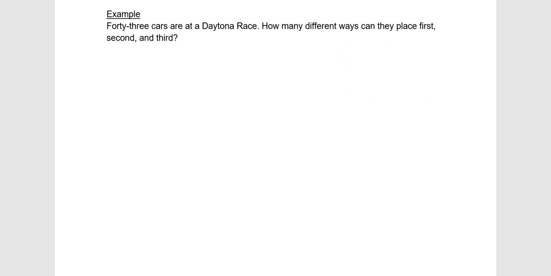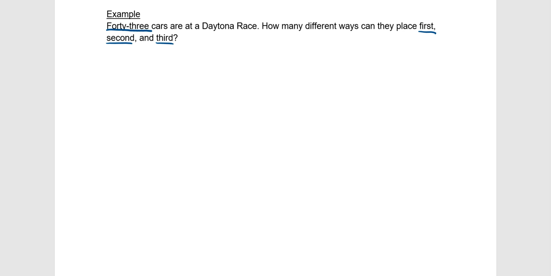Okay, last example for this one, and then we'll get into the last thing. 43 cars are at a Daytona race. We want to know how many ways can they place first, second, third. So there are 43 total cars, and we're going to arrange them in order, first, second, and third.